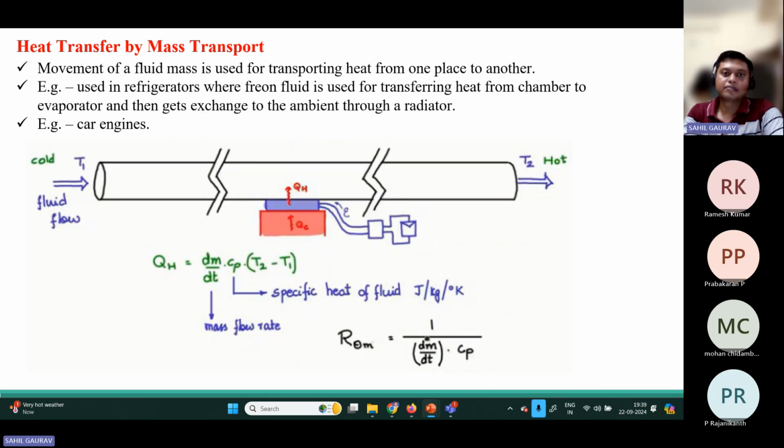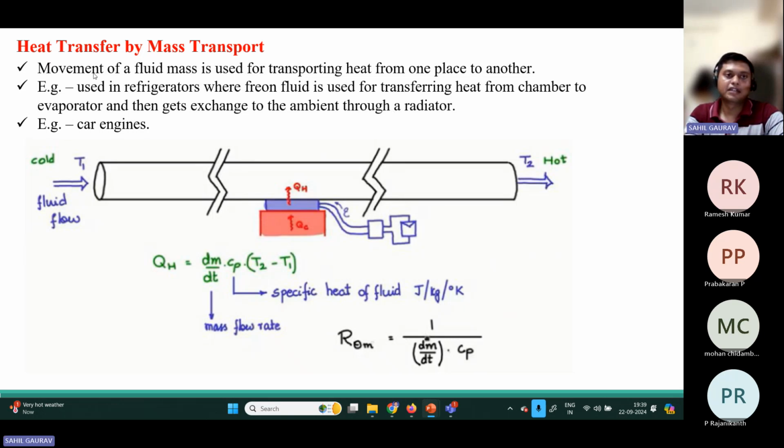Now coming to the last part, that is heat transfer by mass transport. The movement of fluid mass is used for transferring heat from one place to another, and we can see one example in refrigerators, where freon fluid is used for transferring heat from the chamber to the evaporator, and then gets exchanged to the ambient through the radiator.